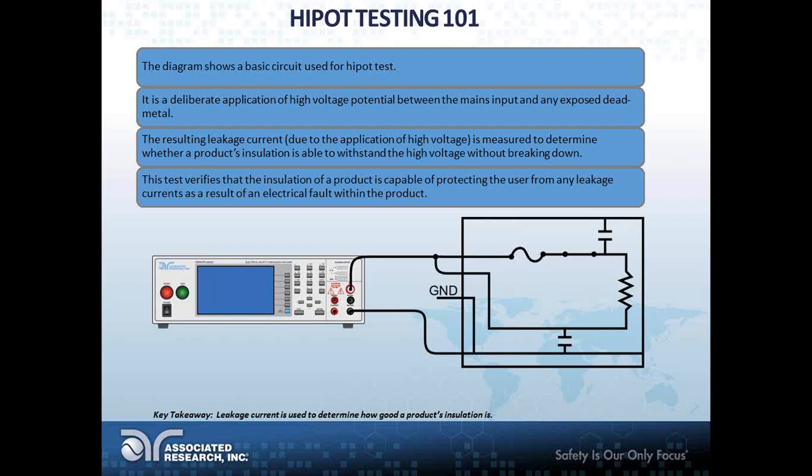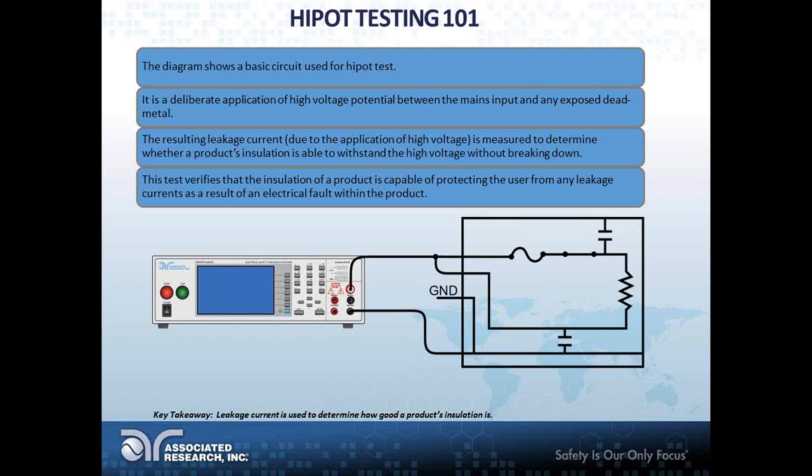So as you can see in this picture, the high voltage is applied to the mains of the device being tested on the right side, and the return is being measured on the chassis point, on a solid metal point of the product.